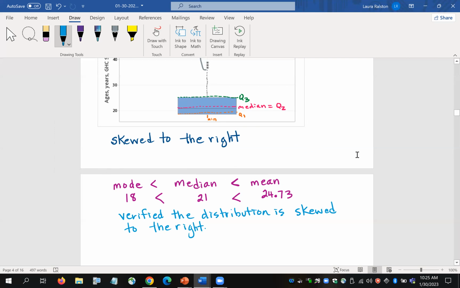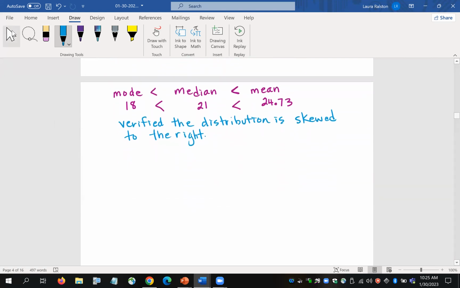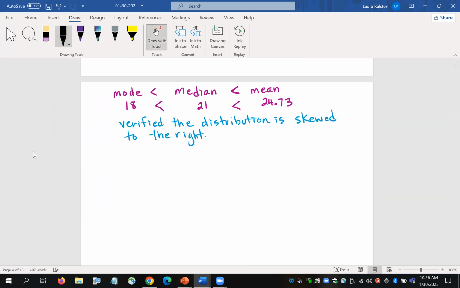The last thing I want to mention here in relationship to descriptive statistics is that idea of the outliers. We saw them visually on the box plot from Minitab.